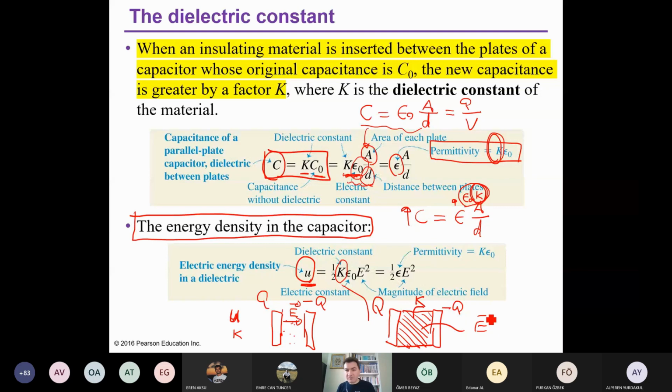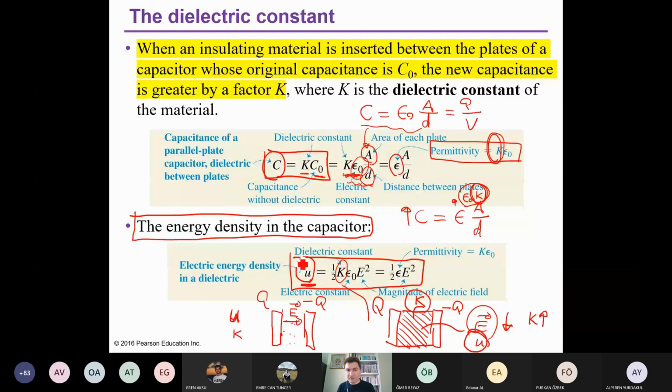The electric field is decreased. We have already learned this in the previous slides. And K is much bigger, K is increased. What about U? Look at the U in this equation. Within the equation, we have K and the electric field.